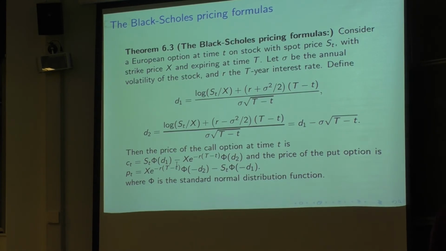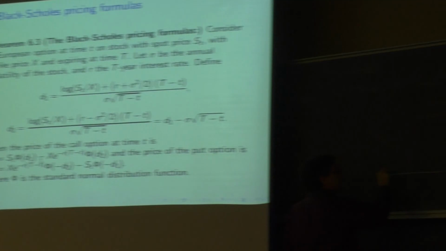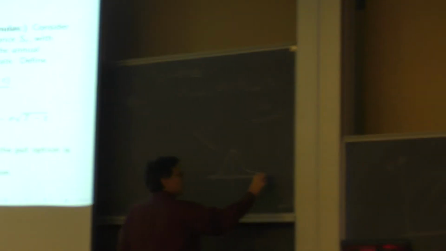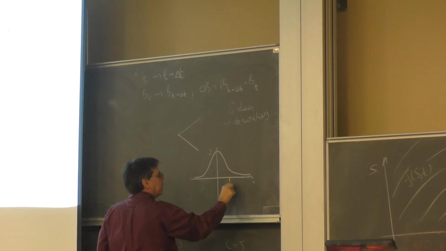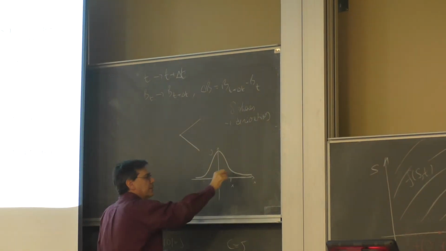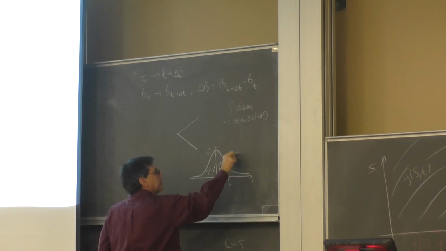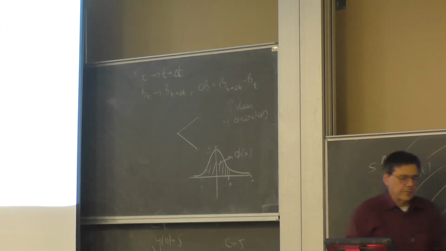Here's the density function of a standard normal random variable, this bell-shaped thing. Let's call this axis y, and this axis x. If you look at phi of x, what is phi of x? It's the area under the curve up to x. It's the distribution function of a standard normal random variable.